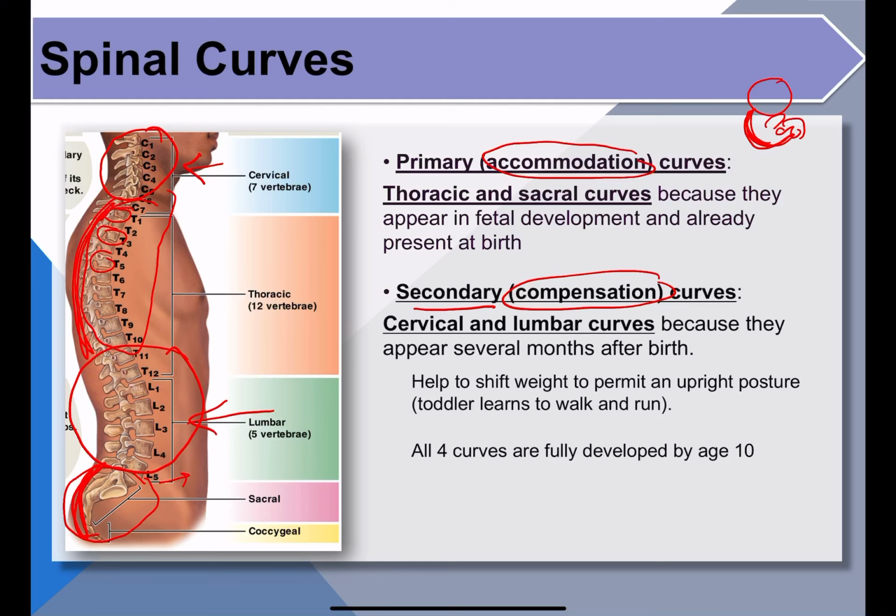All 4 of these curves should be fully developed by the age of 10 years old. So these 2 here are what enable us to hold our head upright and also stand up straight.